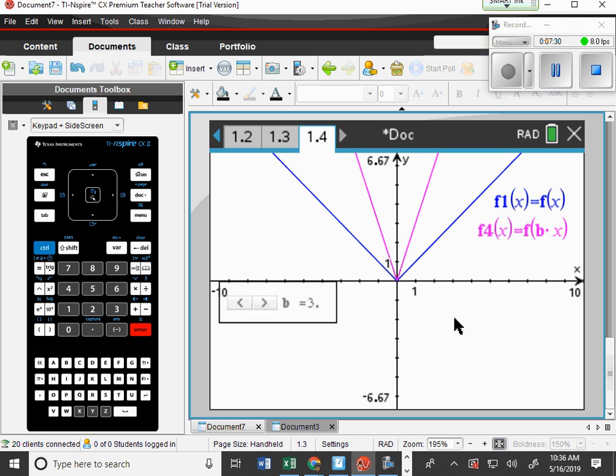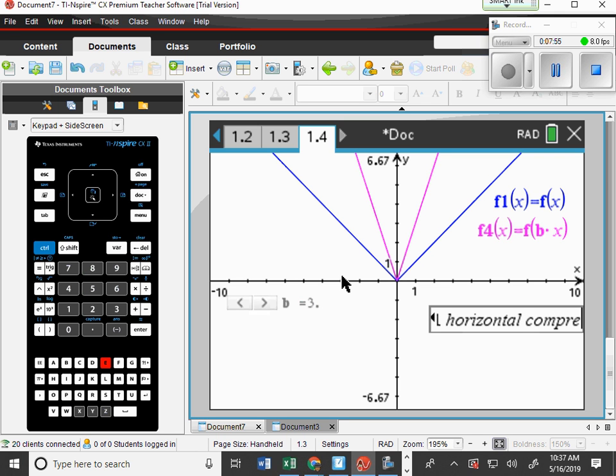But just for the sake of you understanding the notation, whenever b is bigger than 1, we're going to call that a horizontal compression, because it's happening from the x. It's like someone squeezing it from the sides, and so that's why it gets skinnier.